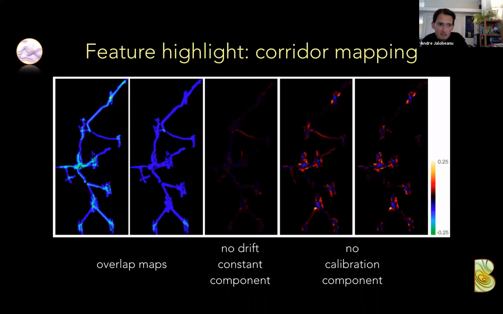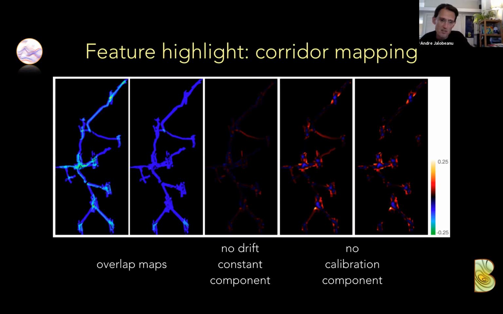Here, a feature highlight that's been added more recently: corridor mapping. So on the left, you see overlap maps showing the topology of corridor mapping with very few overlap areas and very long swaths. And the problem here is to obtain data that have a good relative accuracy, but also a good absolute accuracy at the same time.